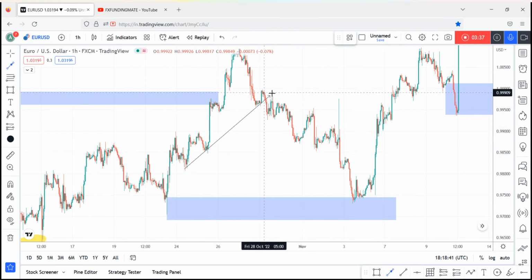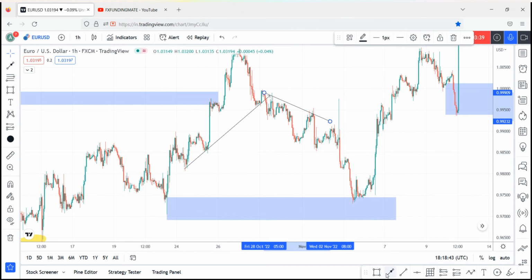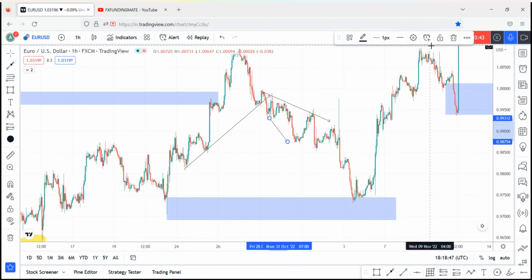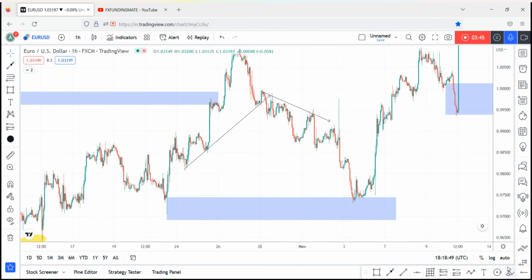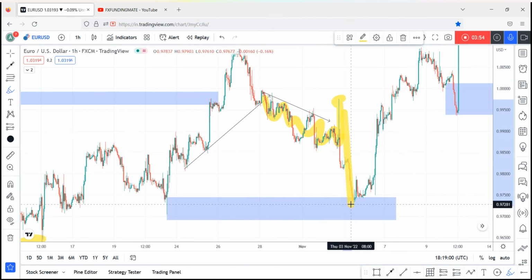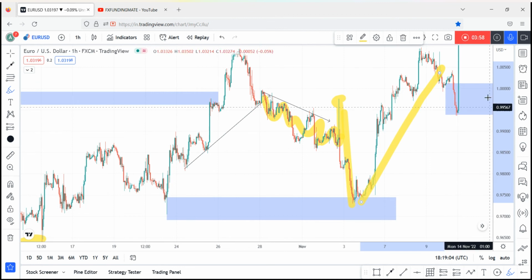This was also the liquidity, trend line liquidity, right? What I have told you, guys, in channels, retail traders were making sell signals from here, right? And what price did is price just collected all the stop losses, collected all the liquidity, like what I have told you in the liquidity chapters. Price just went lower, mitigated this demand zone and started going higher and higher, right?